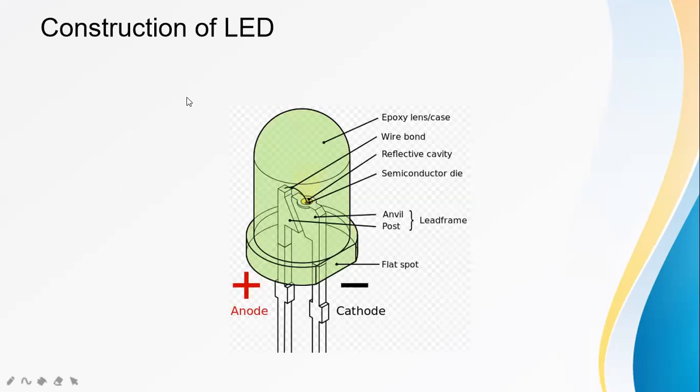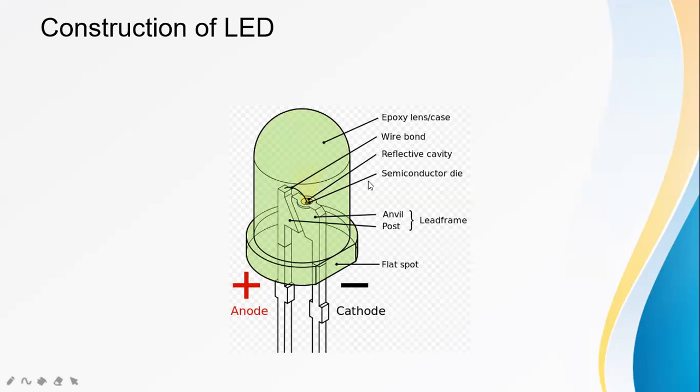Now we will see the construction of an LED. We know that an LED is a type of diode. It has two elements, anode and cathode. There is a reflective cavity, and this is a semiconductor die, the semiconductor material, where the junction is formed.